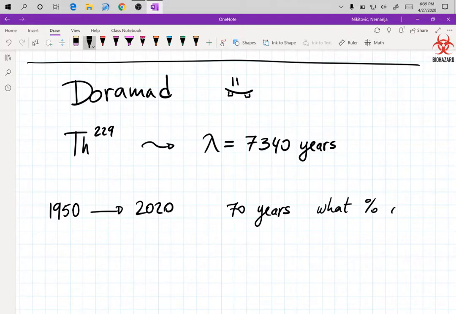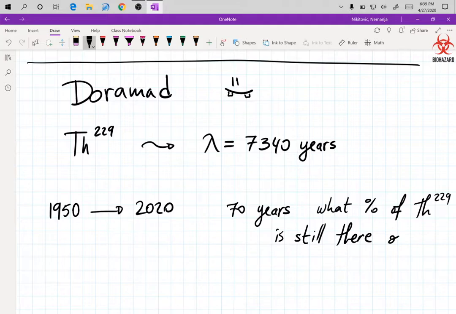What percent of thorium-229 is still there on their teeth? What percent of the thorium they applied?